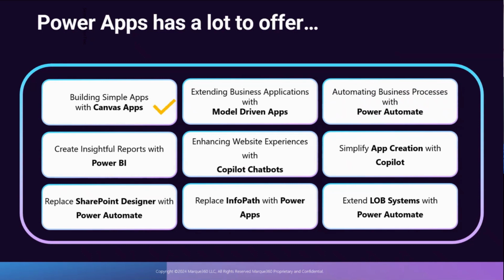So all of this is within the Power Apps platform along with Power Platform, but we try to break it down just because we're seeing different levels of familiarity with it. So today, before I hand it over to Zach, we're going to focus specifically on Canvas apps, and then you'll see more information coming from us for this web series as well.